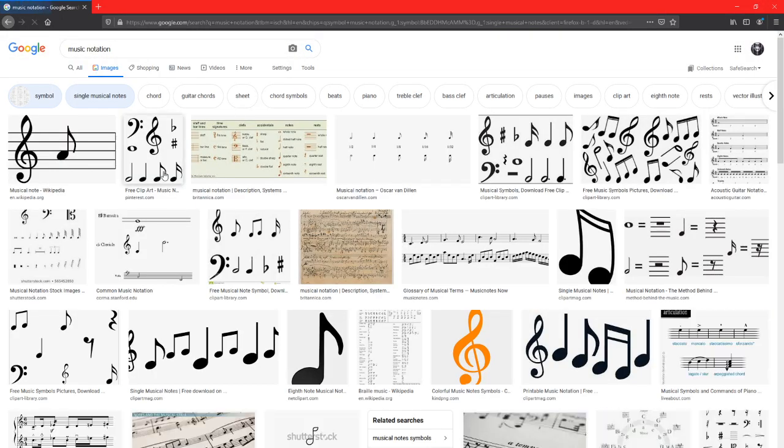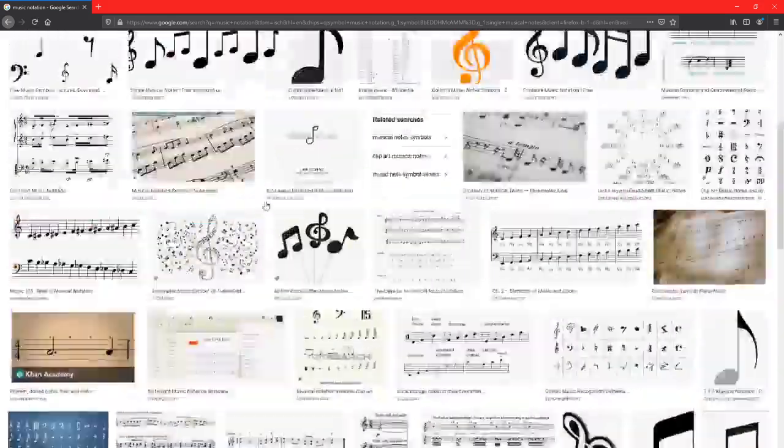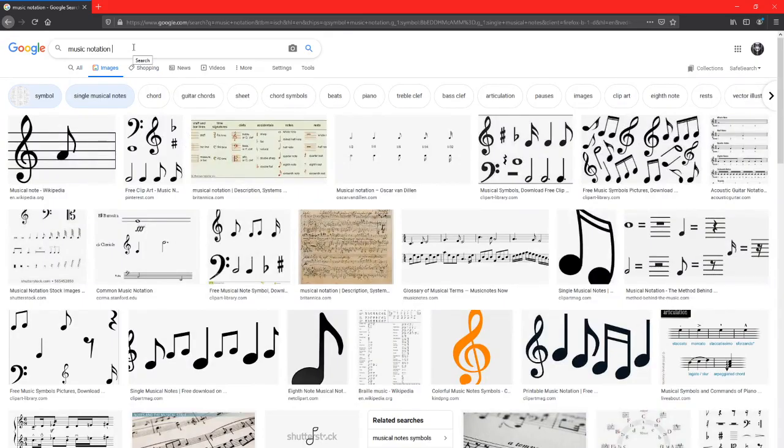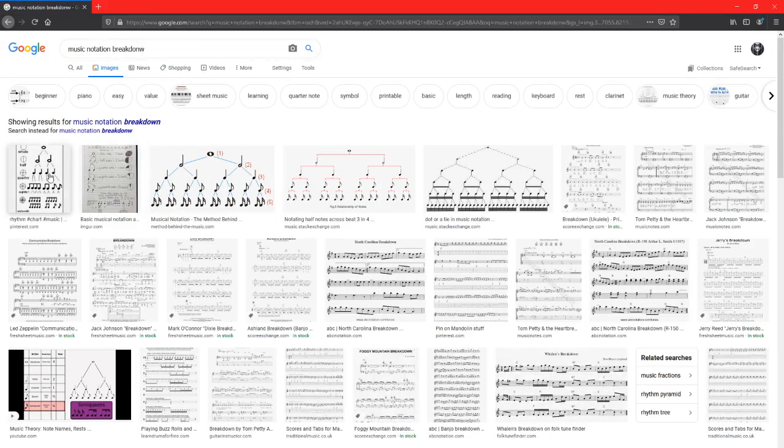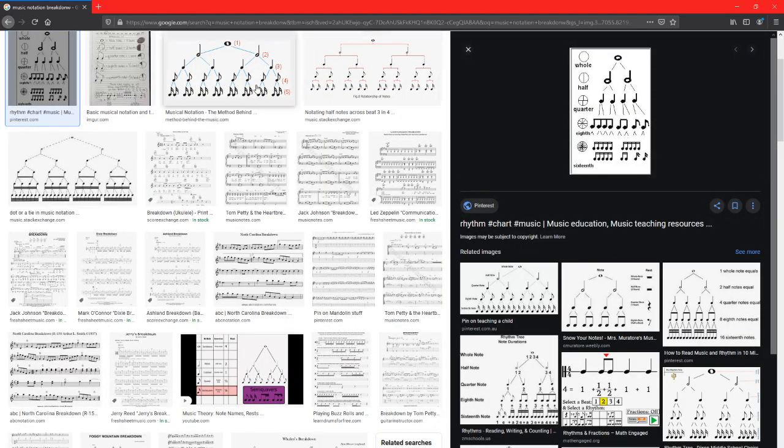Maybe that'll work. Nope. Music notation breakdown. Here we go. This is exactly what I'm looking for.